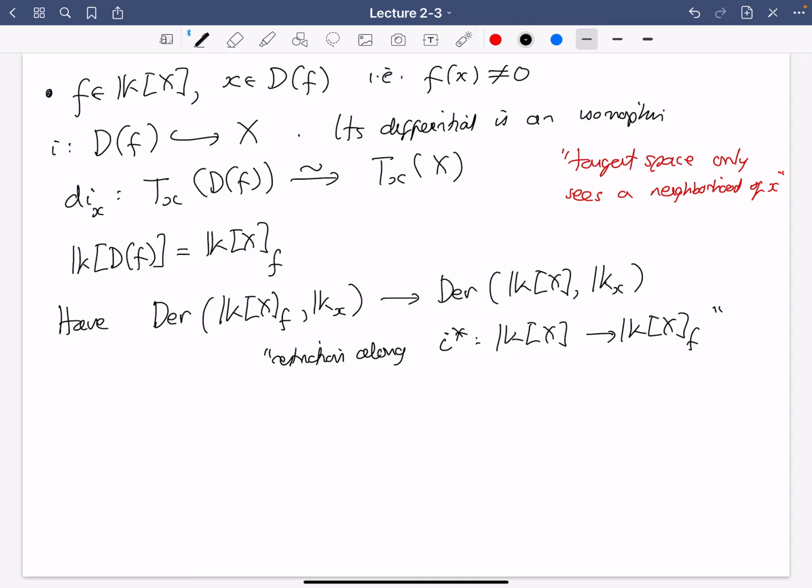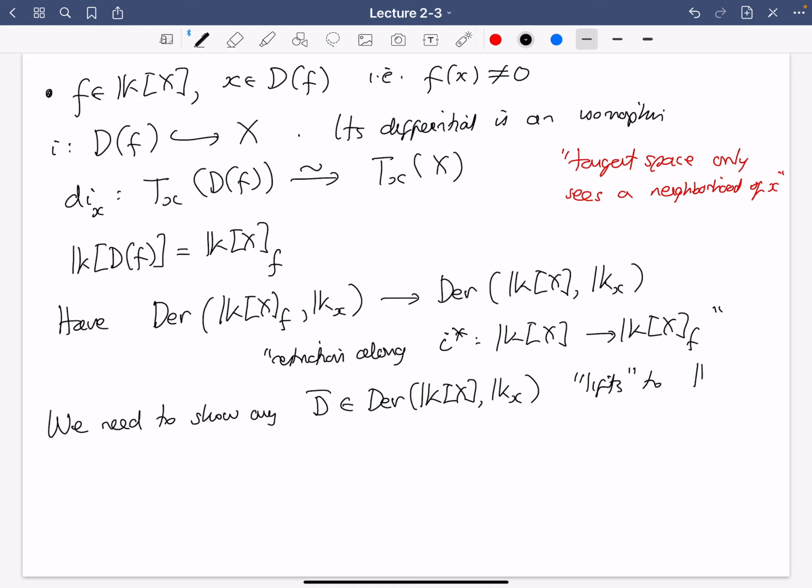So that's exactly what our differential dix is. And to show it's an isomorphism, we need to show that any d bar in the right-hand space lifts to something on the localization.